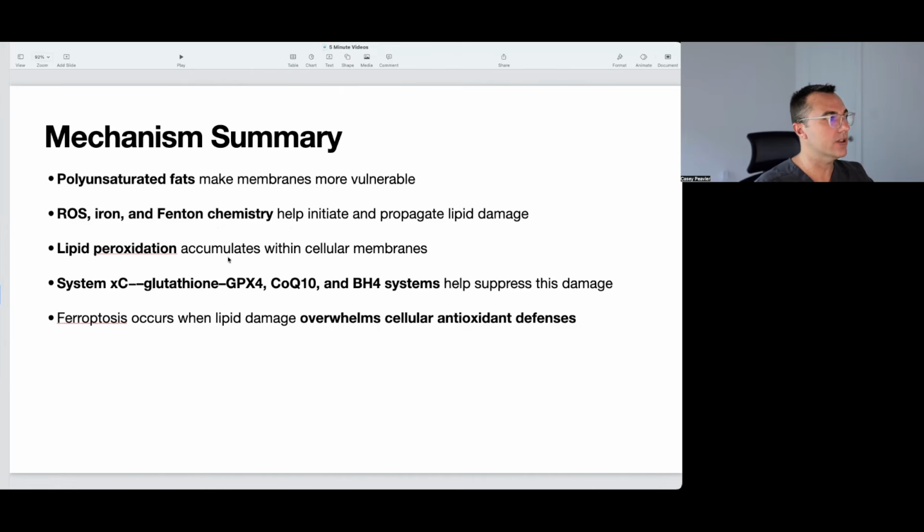Those accumulate in the cellular membranes. And then there are the antioxidant systems, of which there are many, one of which is this system XC or SLC7A11, glutathione, glutathione peroxidase, CoQ10, and BH4, and that helps suppress the damage and prevent ferroptosis. And then ferroptosis occurs again when there is an overwhelming amount of lipid damage, which overwhelms the cellular antioxidant defenses.